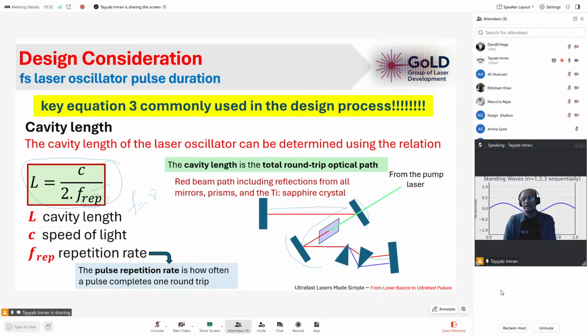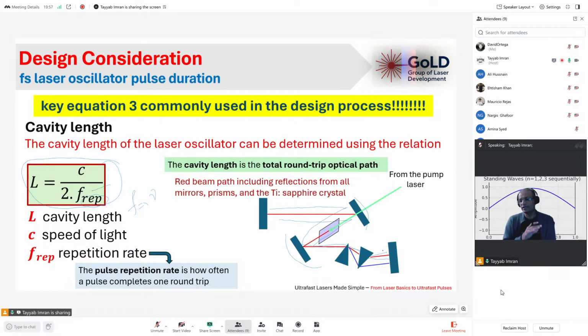So the red line here all the way is the path of the beam which is generated in the cavity. This whole length is considered.